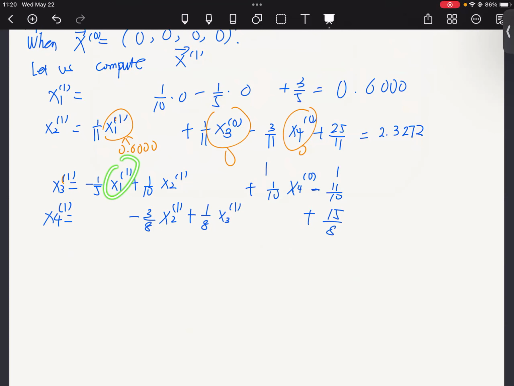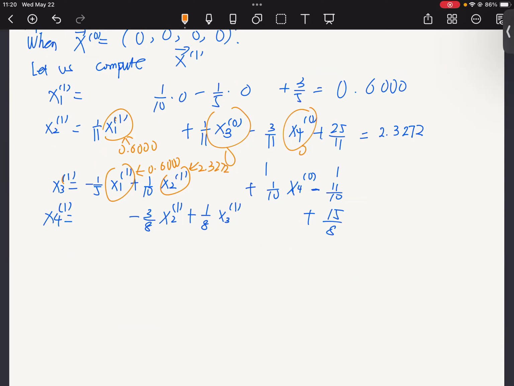So I'm going to replace this value with 0.6000, and this one is just 2.3272. And what's x4? x4 is the fourth component from the zero vector, the initial vector.